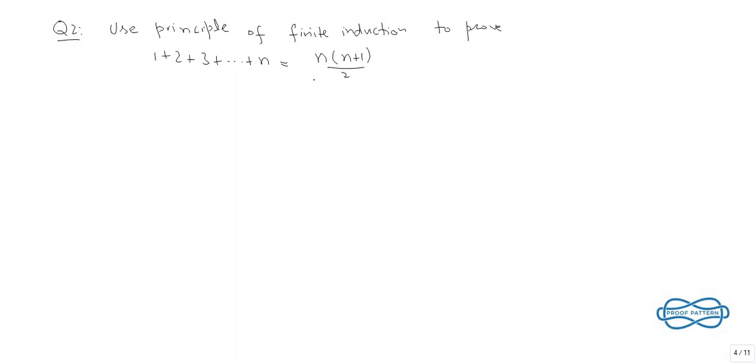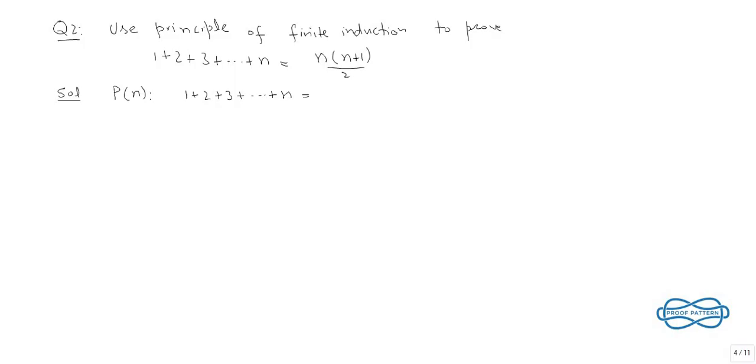It means the sum of the first n positive integers is n into n plus 1 over 2. Solution. We suppose that this given condition is Pn, which we have to prove.